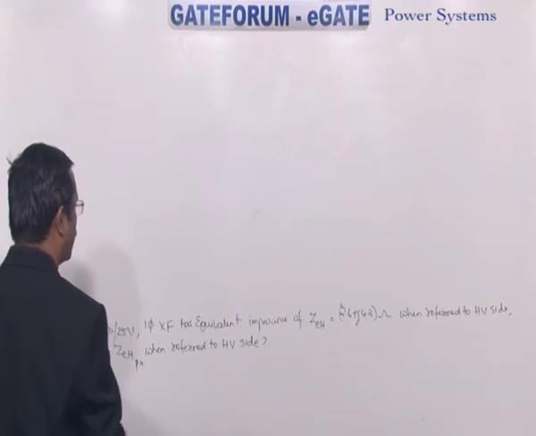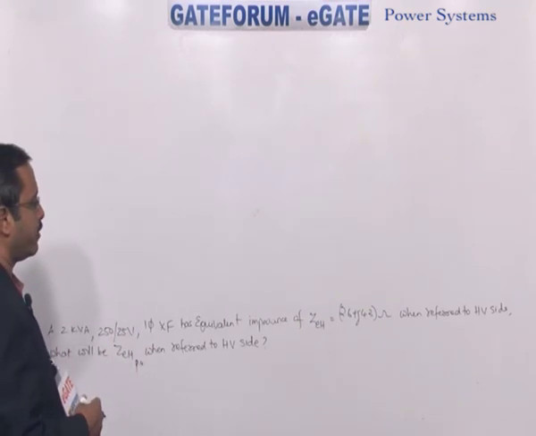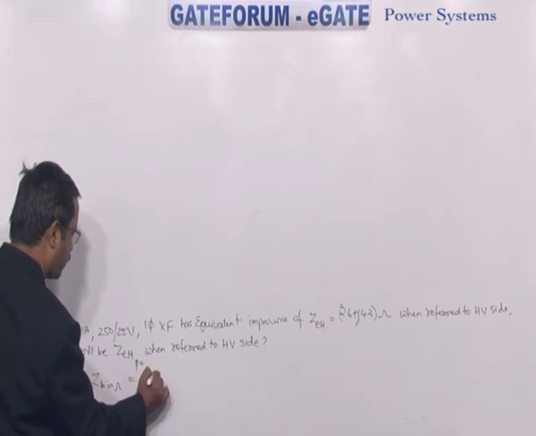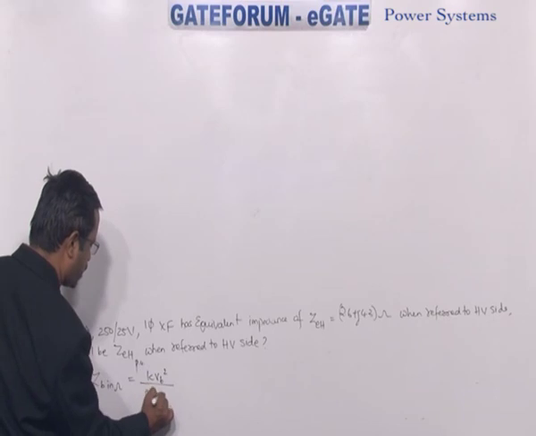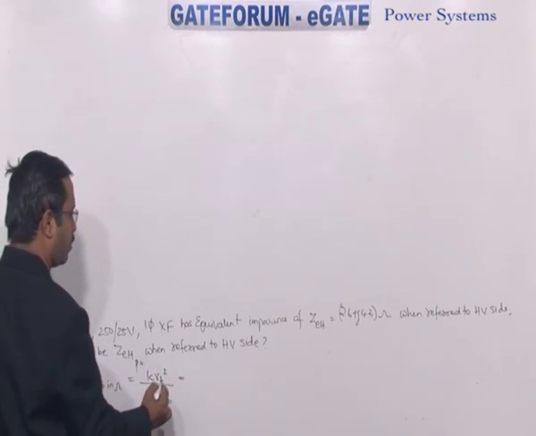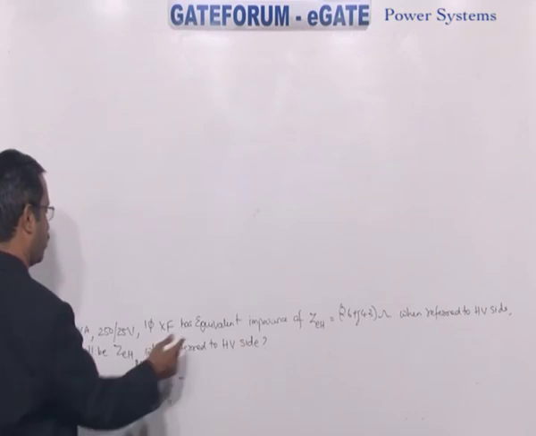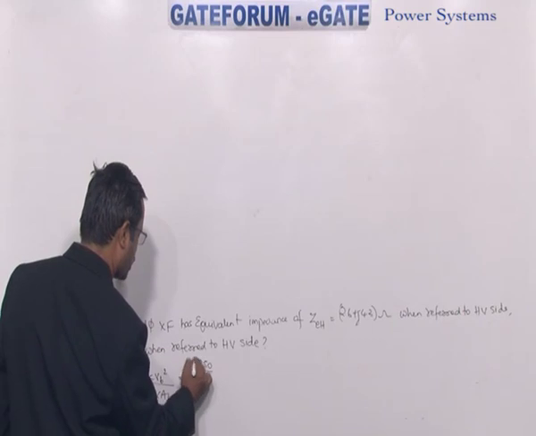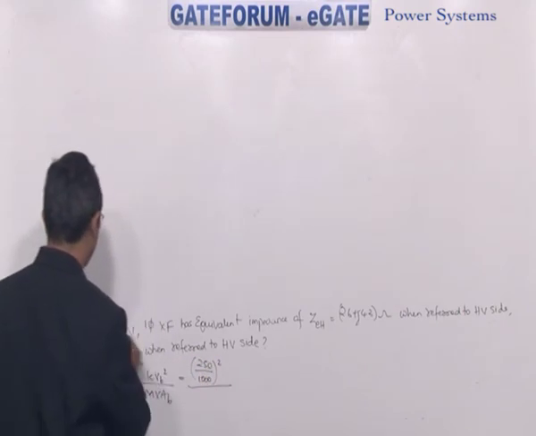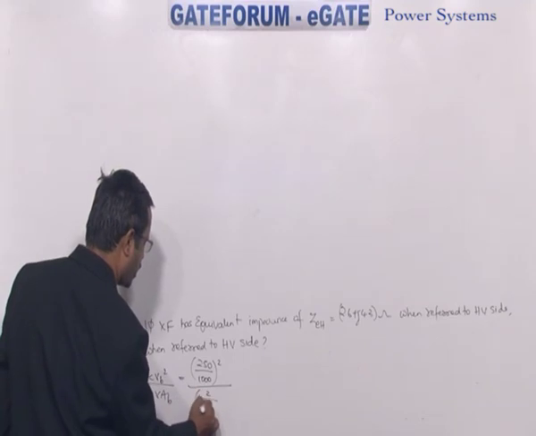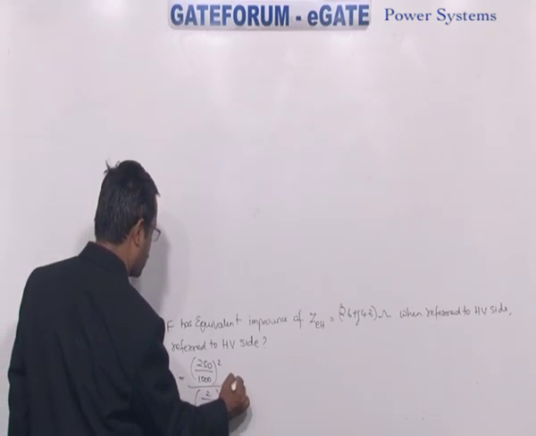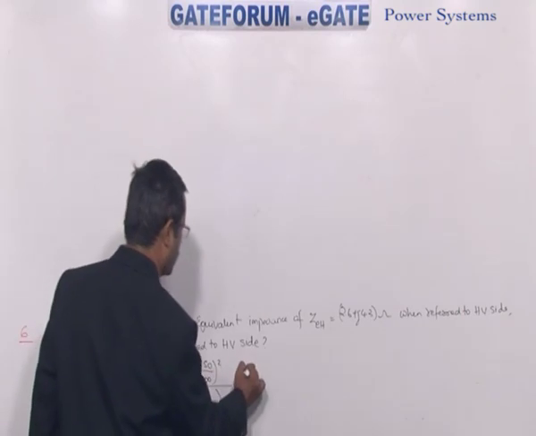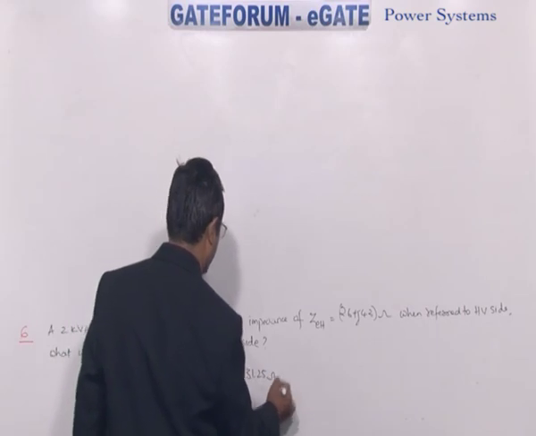In ohms is given. How to find in per unit? You divide with the base value. So what is the base impedance in ohms? Formula is kV square by base MVA. How much kV? High voltage side 250 volts. kV means divide with 1000. How much MVA? 2 kVA. MVA means you divide with 1000. How much you get on simplifying? 31.25 ohms.